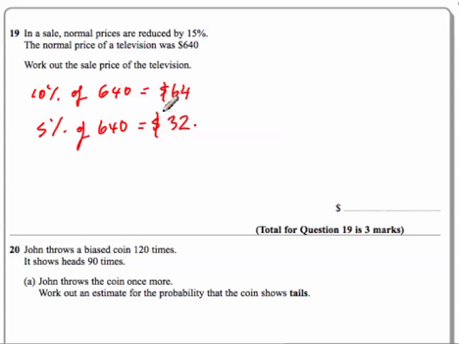Then we could add those up, and we end up with $96. So 10% plus 5% is 15%, which gives us $96. Then we could take that away, because the prices are being reduced. We need to take that away from the original price, which is 640. So we do 640 take away 96.